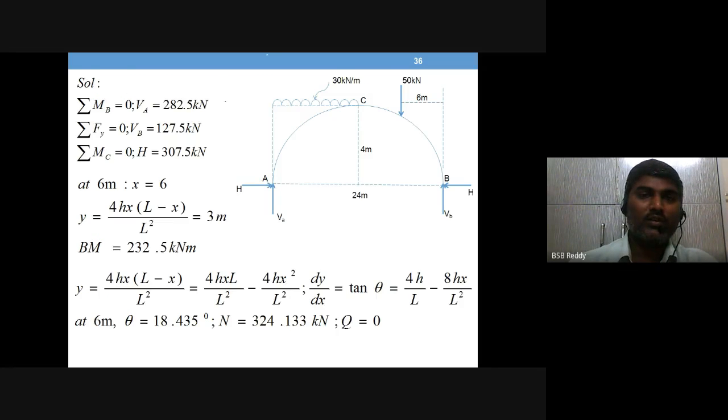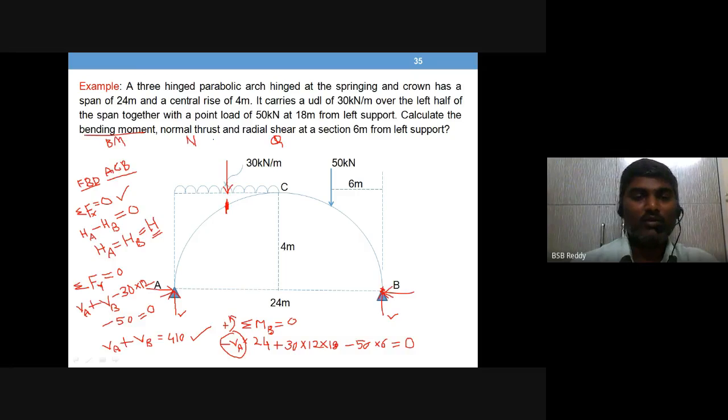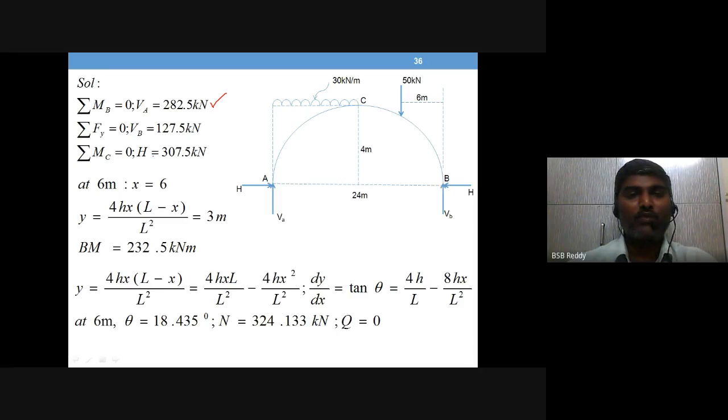So this is the VA value, 282.5. Okay, then what about the VB value? How do you get it? It is simply 410 minus VA is VB. What is that value? 127.5. This is the VB value. Now if you calculate the total together, it should be 410.